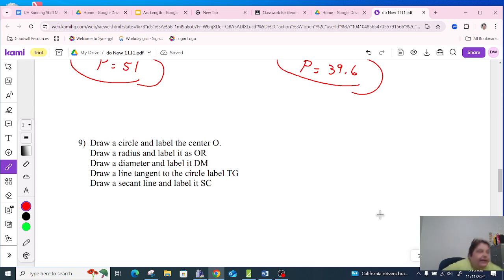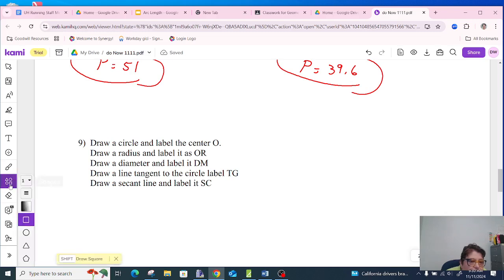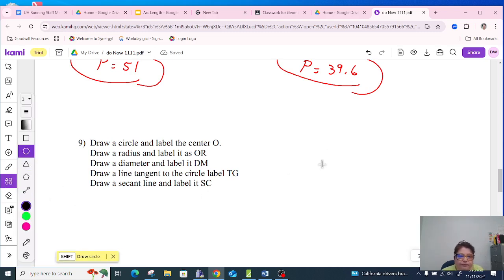Okay, so I handed those out. Now I'm going to draw a circle. Where's my shapes? Oh, shapes. Circle. Oh, I love this. Look, it even showed me where it was. Okay, there, I didn't want to do that.